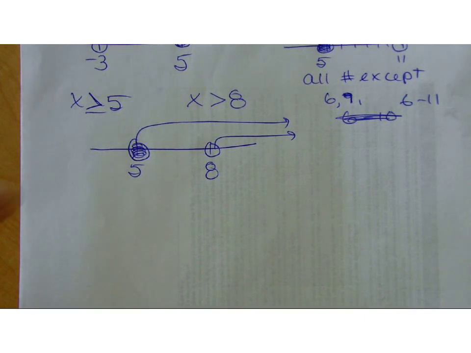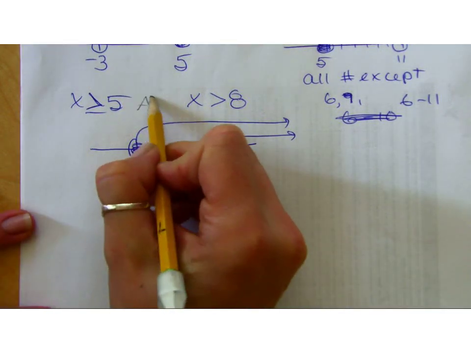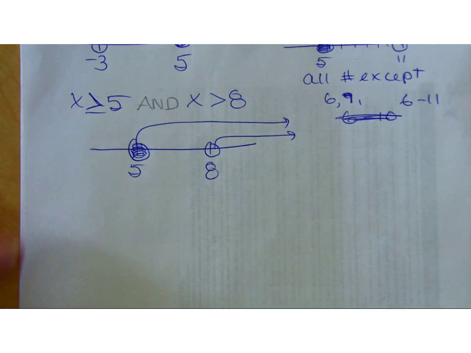If this were an "and," give me a number that is greater than or equal to 5, and by the way, it has to be greater than 8 too. What's the first number that would qualify for both?